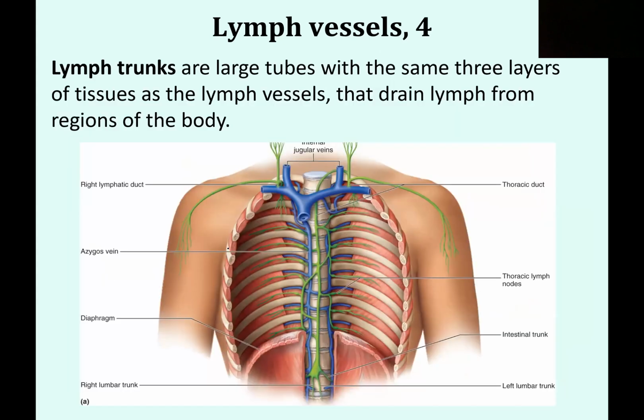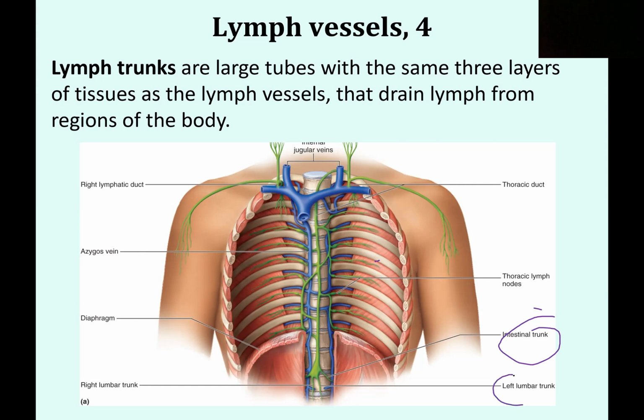So lymph trunks are the large tubes with the same 3 layers of tissue as the lymph vessels. They're just bigger around. They have a bigger lumen. Their function is to drain lymph from regions of the body. And so down here, we have an intestinal trunk.